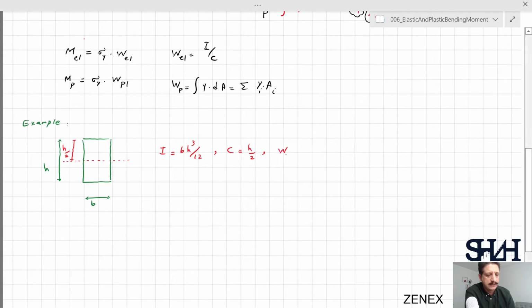So W elastic is I divided by C, so it will be BH squared divided by 6. For W plastic, we don't need to calculate moment of inertia.